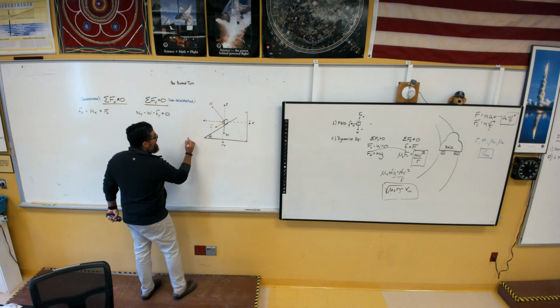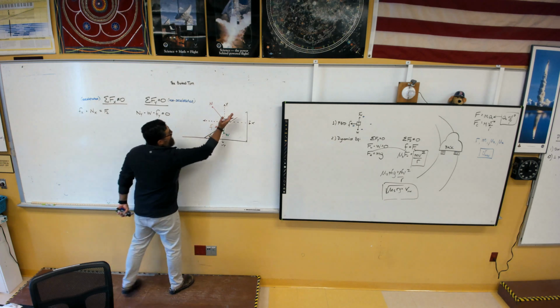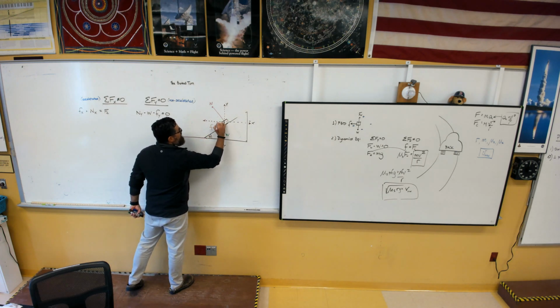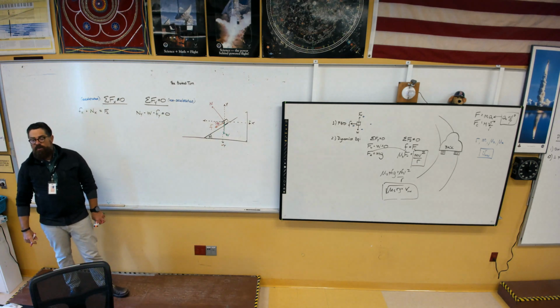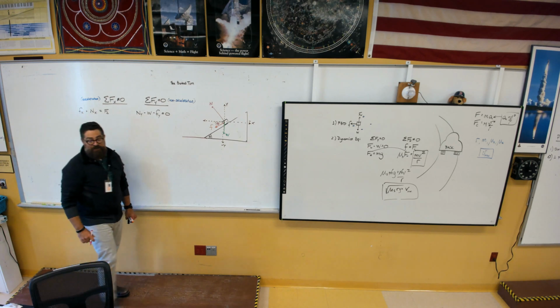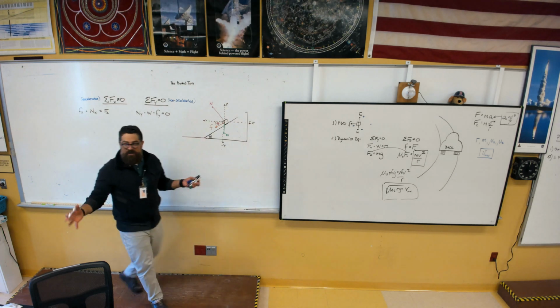If I extend this line here, this angle here and this angle are the same. So the frictional force makes the angle theta with the x-axis. That means when I resolve the frictional force into its x and y components, I'm going to use my traditional trigonometric components, cosine for x and sine for y. We've done the trig before, you guys have seen it.